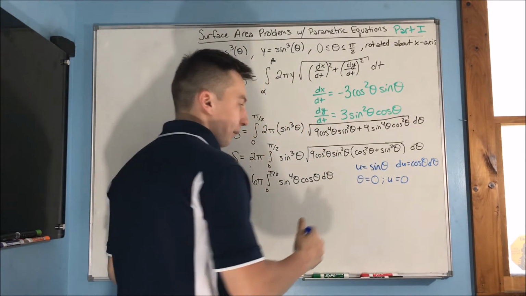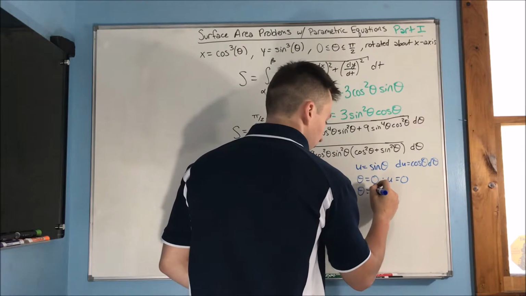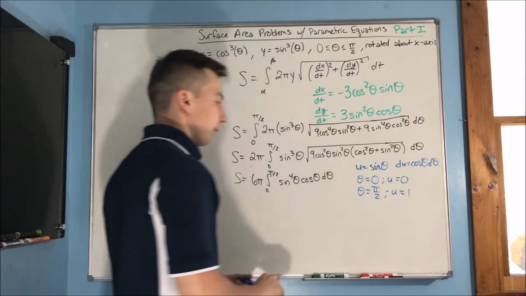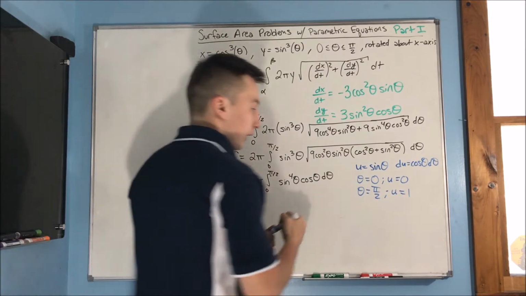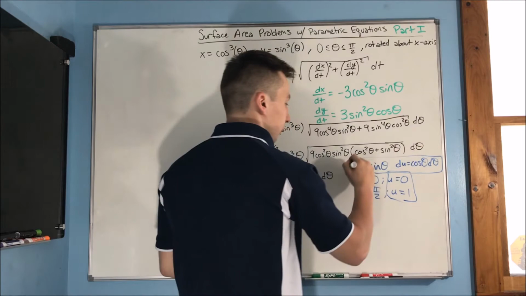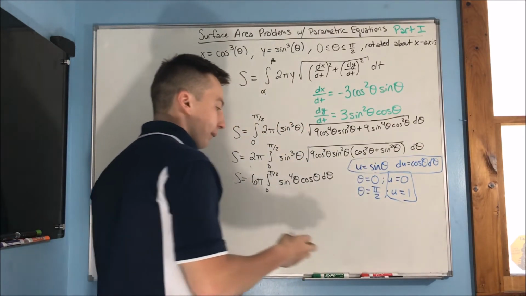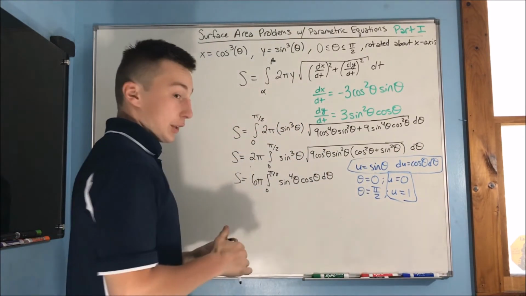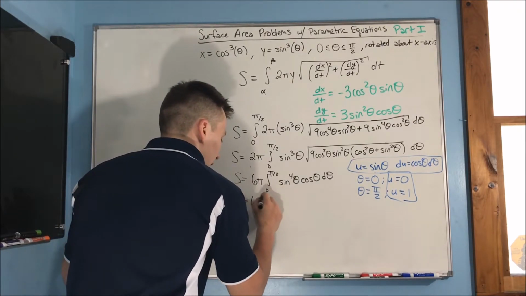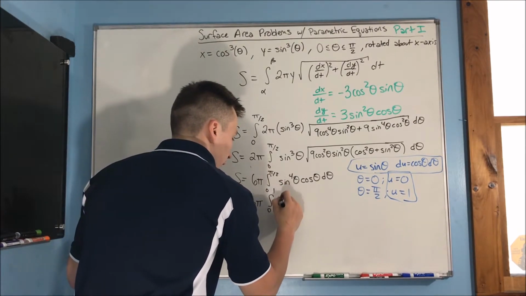Sine of 0 is 0. And when theta equals pi over 2, u is going to equal 1. So now, with our substitutions, right, our bounds and our actual integrand substitutions, we can actually substitute. Surface area equals 6 pi, the integral from 0 to 1 of u to the 4th du.